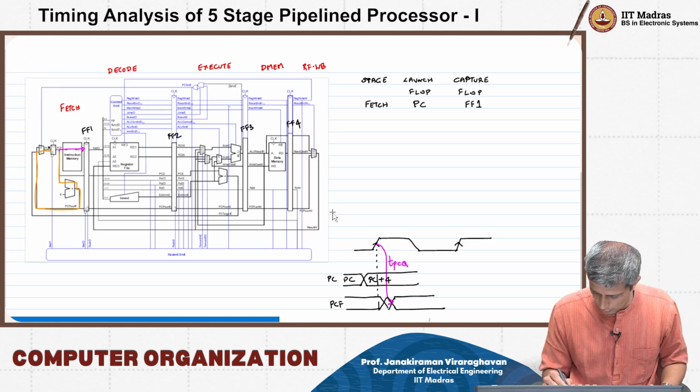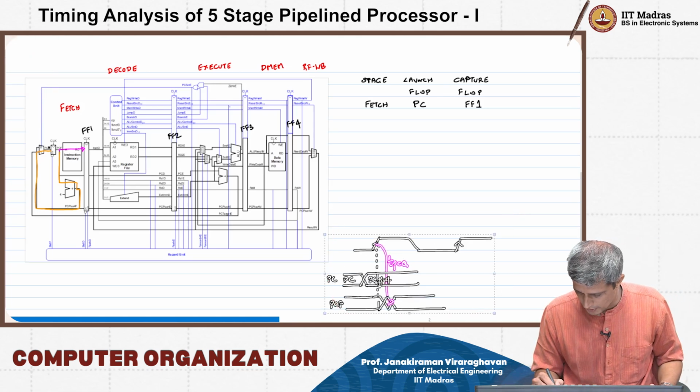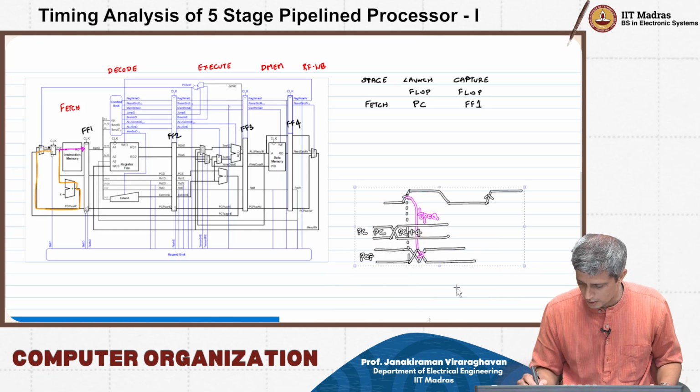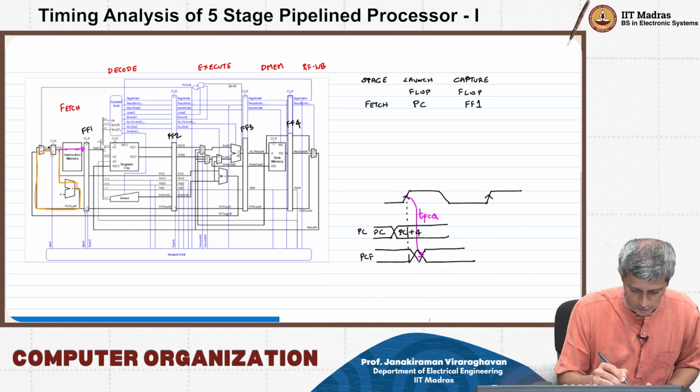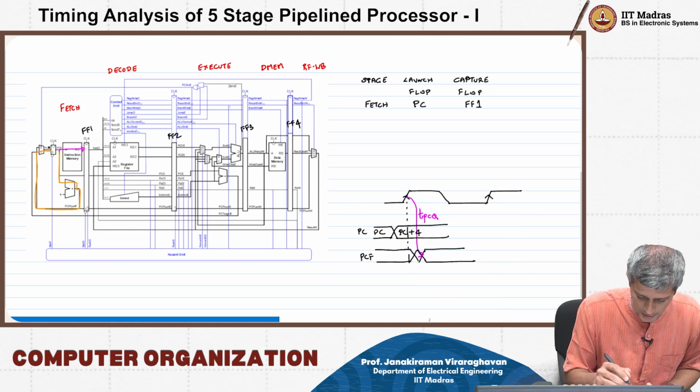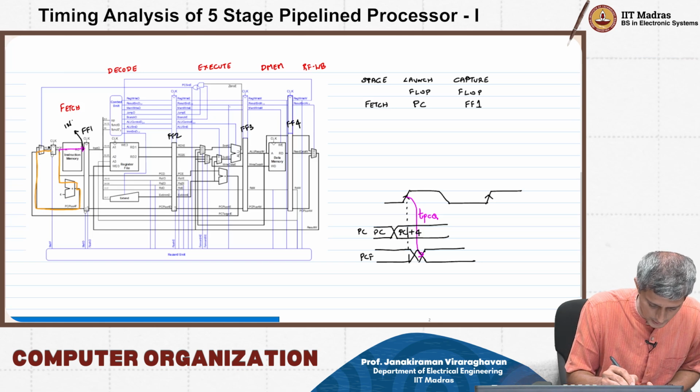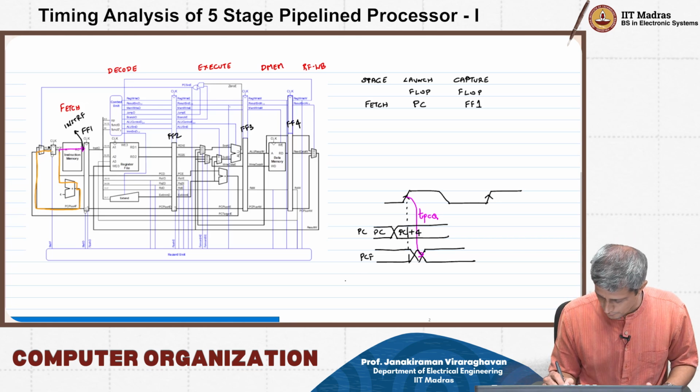Okay, so maybe I'll move this up here a little bit so that I get some more space, right? I'll put that here. So if you look at the signal out here, I will call it INSTRF in the fetch stage.